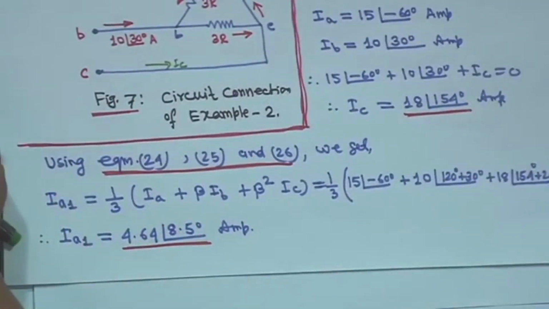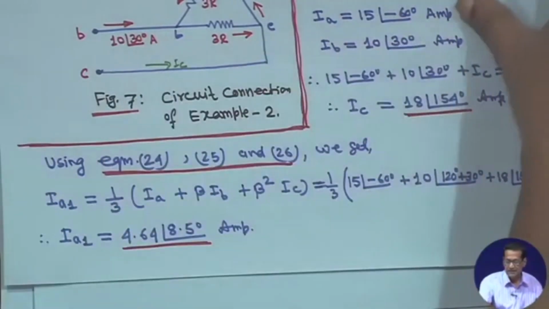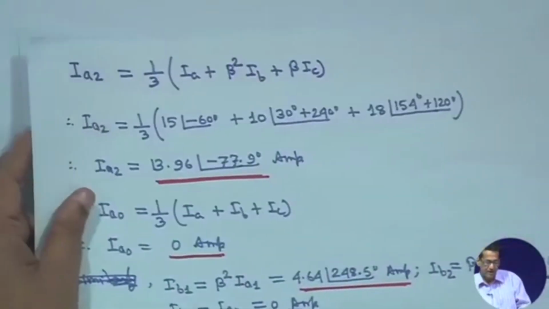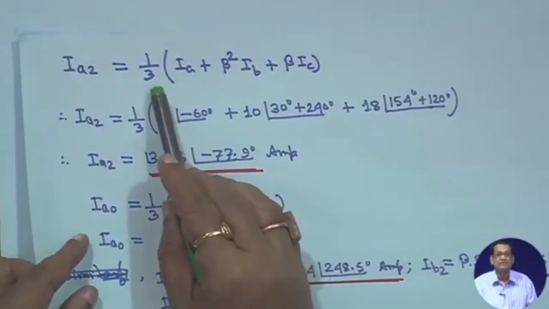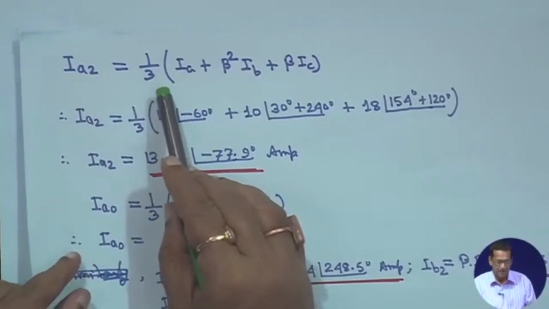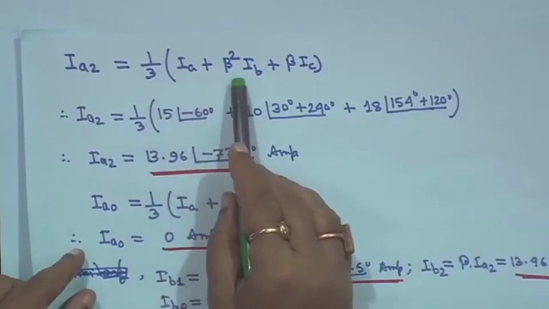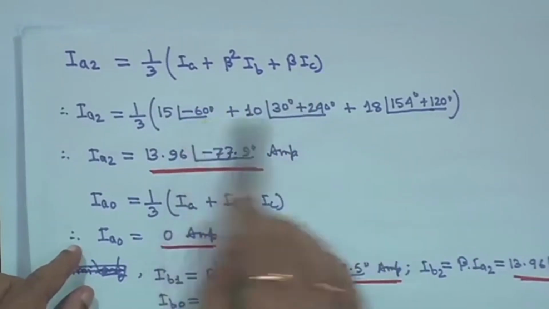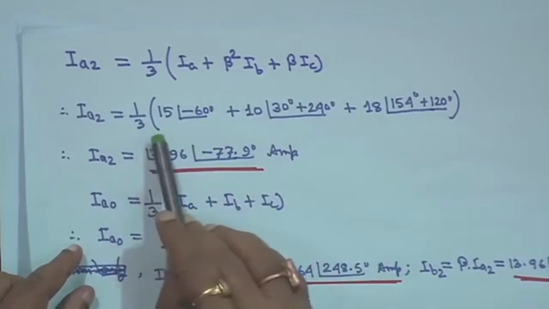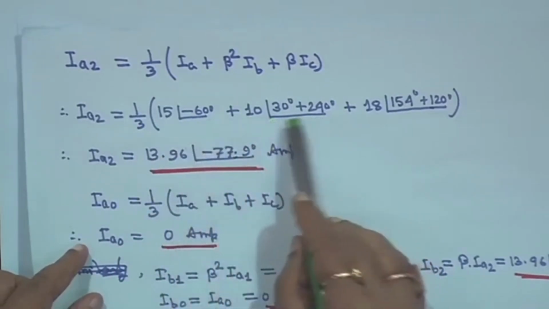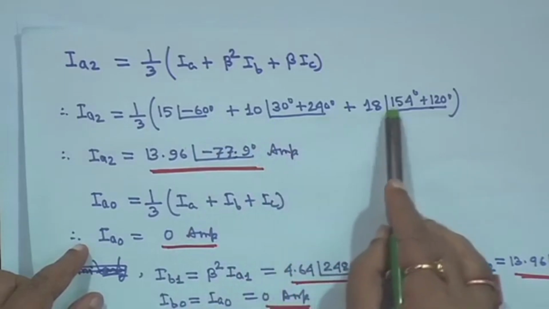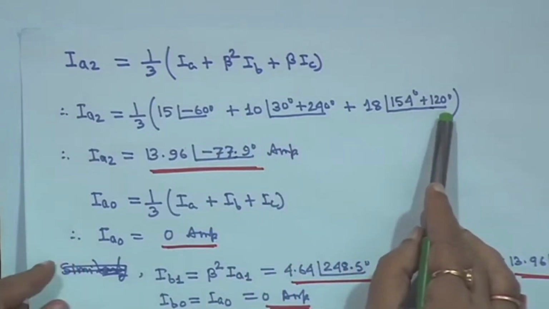Similarly, IA2 is equal to 1/3 of IA plus beta square IB plus beta IC, from equation 25. Substitute all these values: IA2 is equal to 1/3 of 15 angle minus 60 degree plus 10 angle 30 plus 240 degree plus 18 angle 154 degree plus 120 degree.